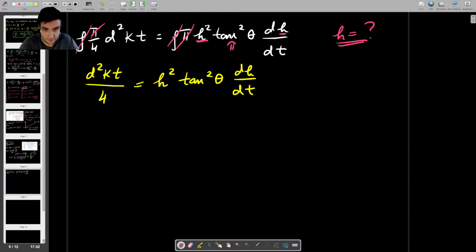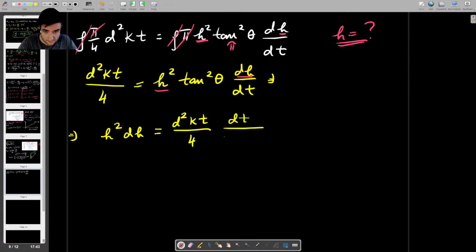I want all my h's on one side, so I can write this as h squared dh on one side, and then I'm going to put everything else on the other side. So that's d squared kt over 4, and this is going to be dt over tan squared of theta. Just double checking the math, I think everything should be fine. So dt over, yeah. And now we integrate.